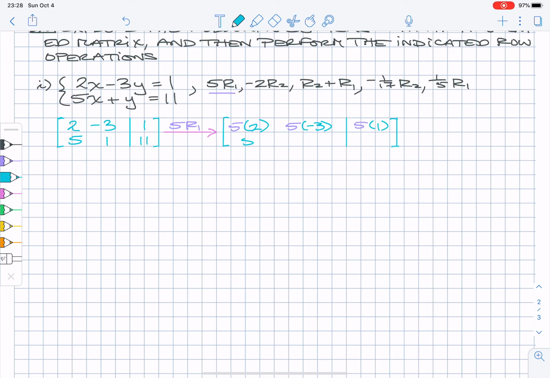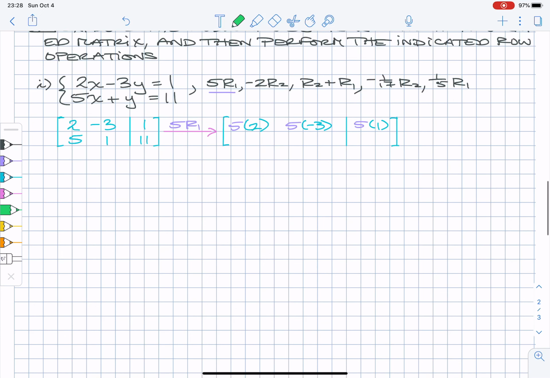And the row 2 stays the same. Actually, I could do 2 operations at once, so let me do that. Let's do negative 2 row 2. Maybe in a different color, maybe like orange. So let's do negative 2 times 5. Let's do negative 2 times 1. Then let's do negative 2 times 11.